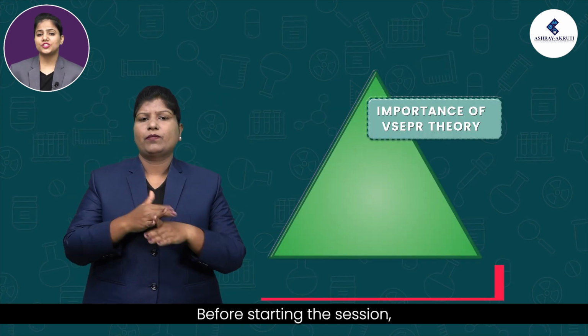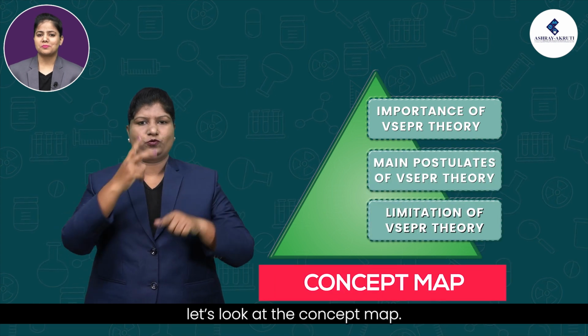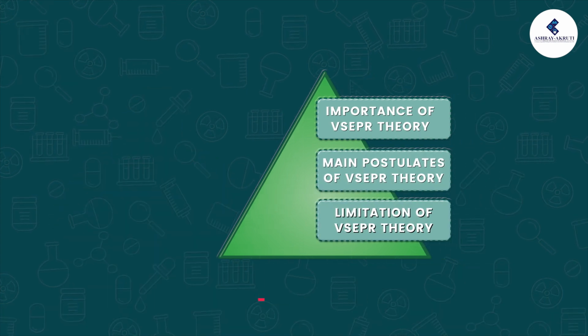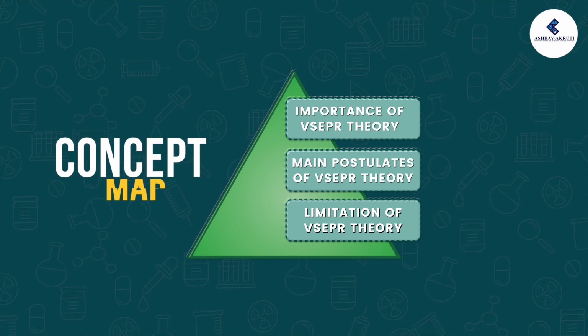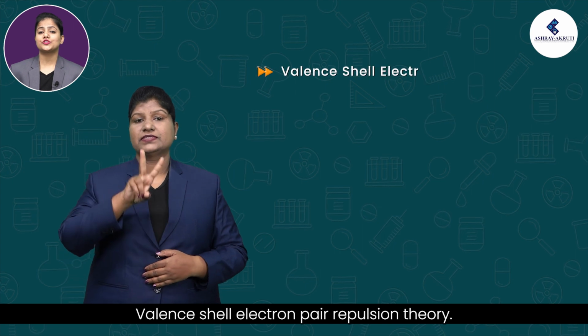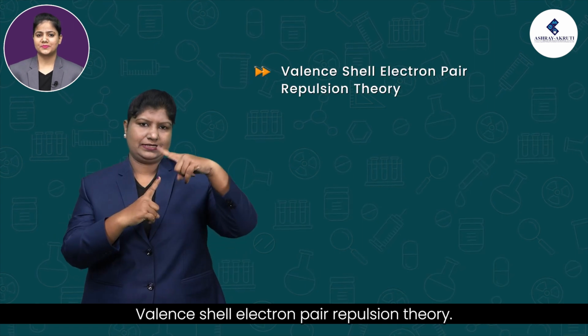Before starting this session, let's look at the concept map. Valence shell electron pair repulsion theory.